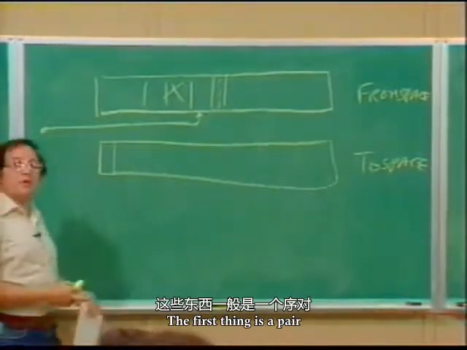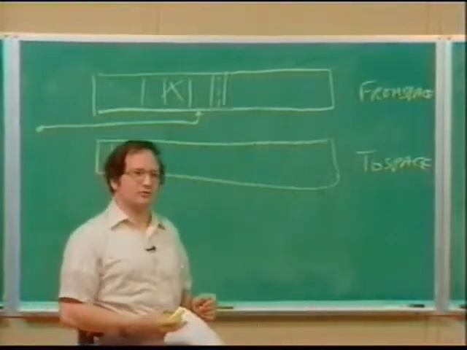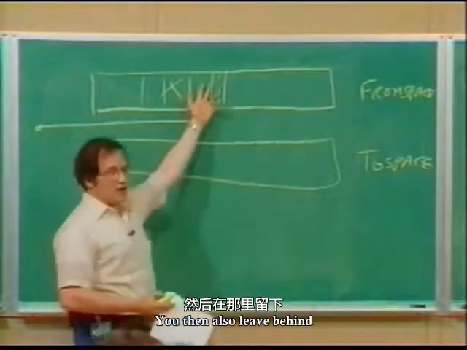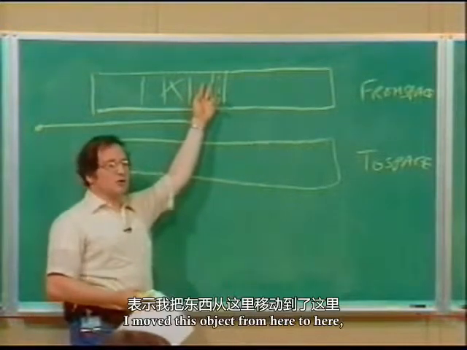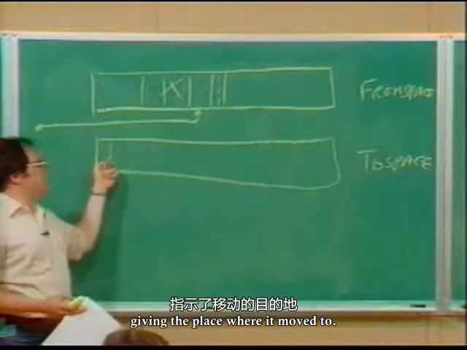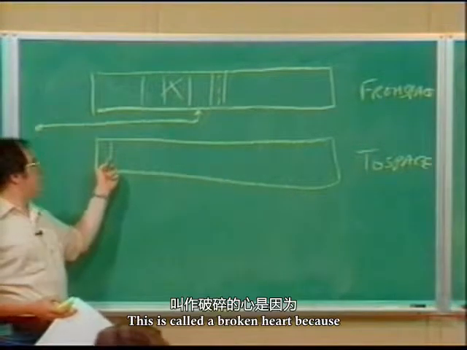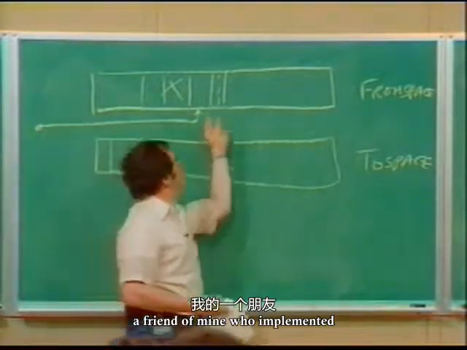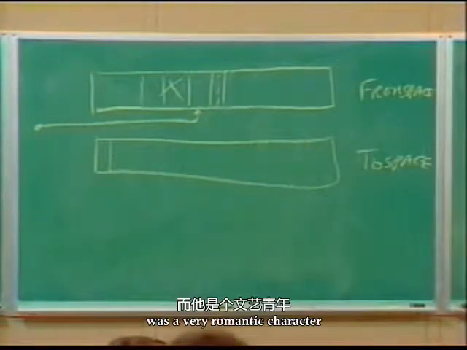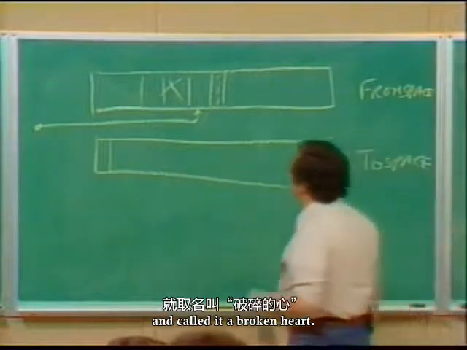The first thing is a pair or something like that, a data structure. You then also leave behind a broken heart saying, I moved this object from here to here, giving the place where it moved to. This is called a broken heart because a friend of mine who implemented one of these in 1966 was a very romantic character and called it a broken heart.